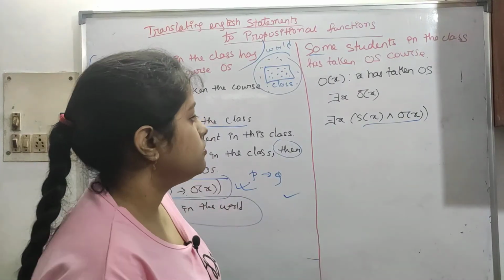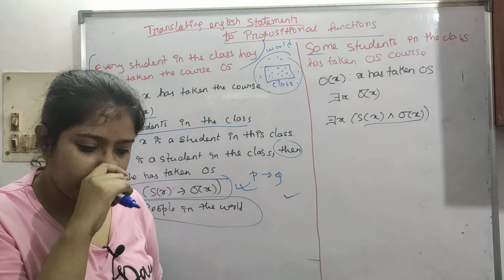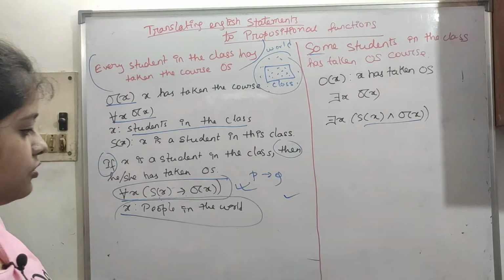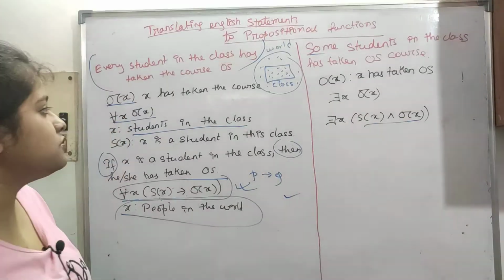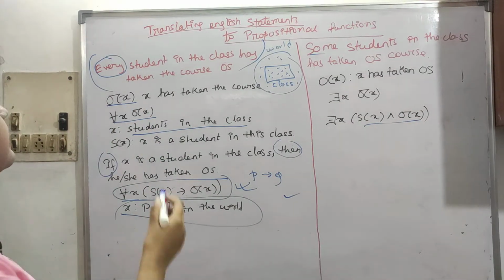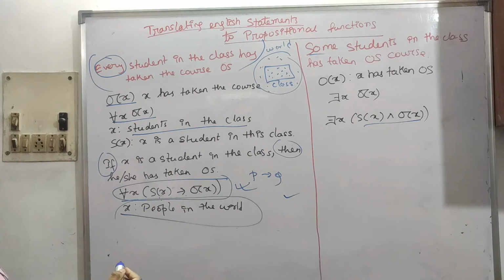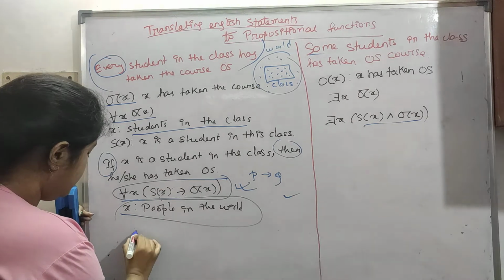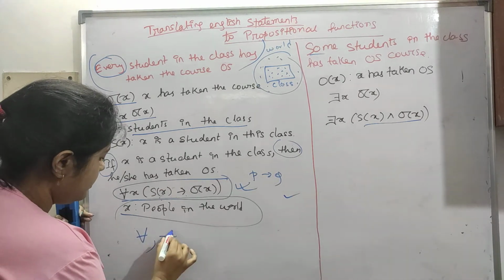These statements can be very confusing at times; I get confused too. So there is a shortcut that is mostly used. Whenever "every" is present, you can use for all and implication.